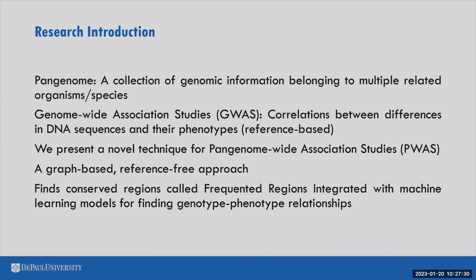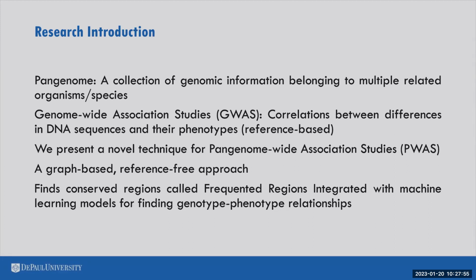So in this particular research, I'll talk about what we've been doing to move away from GWAS and bring the pangenome into these type of studies. So we named it Pangenome-Wide Association Studies, PWAS. This is graph-based, whereas GWAS is based on alignments.